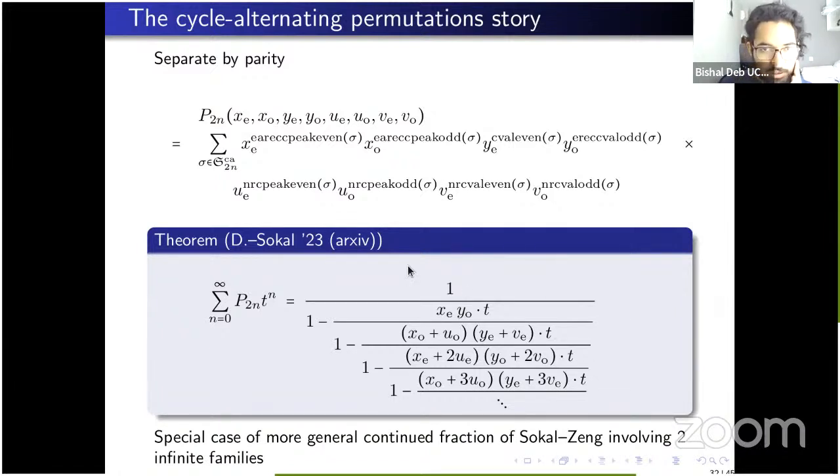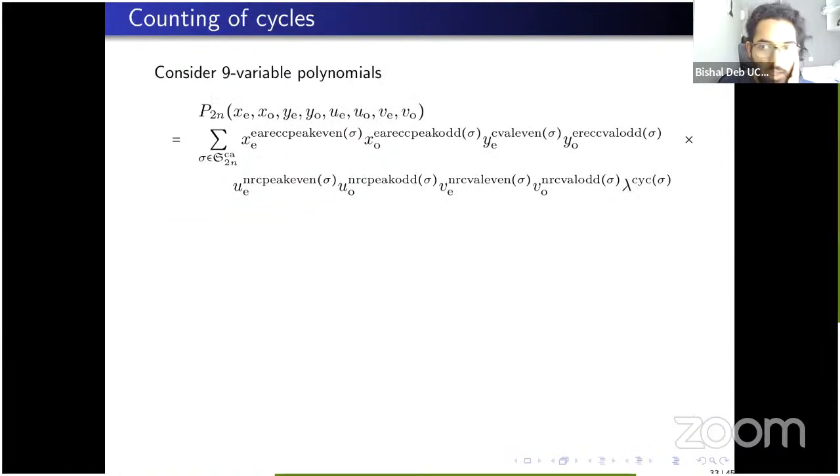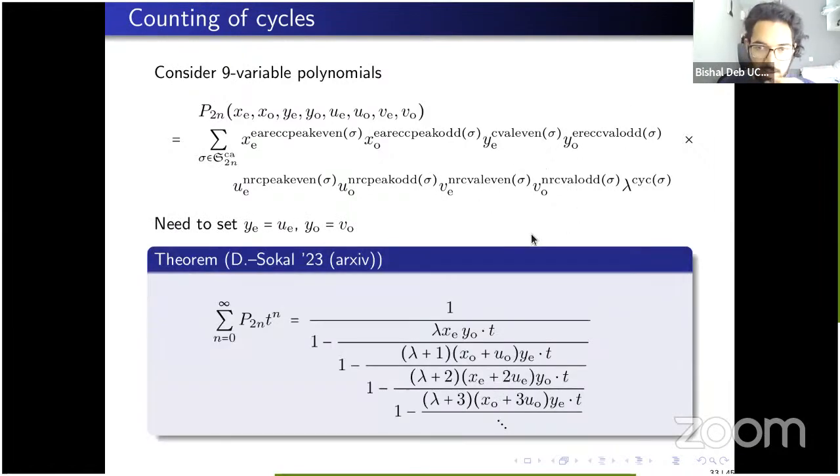So we noticed that you can actually say something about the parity of the cycle peaks and cycle valleys. And you can also count cycles here, similar to derangements and permutations. So instead of an 8-variable polynomial, you take a 9-variable polynomial. And now again, you need to forget the record status of cycle valleys. And you obtain a similar continued fraction.